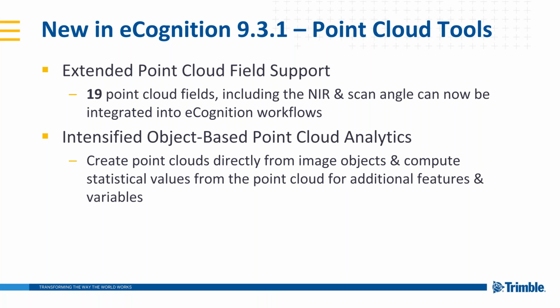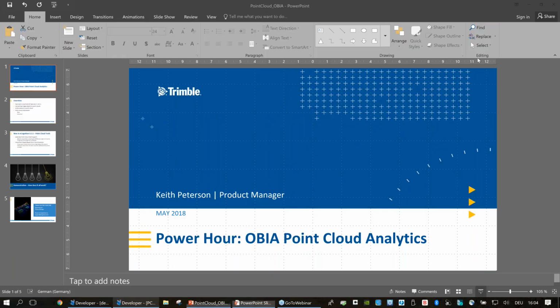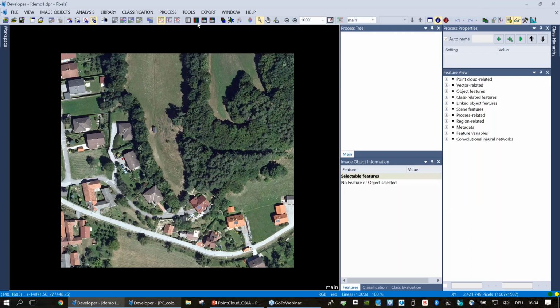So now right to the demonstration. How does this all work within eCognition Developer? We see here we have an image. Not only do we have an image, but if I open up our image layers, I see I'm not only dealing with an RGB, I also have a near infrared.